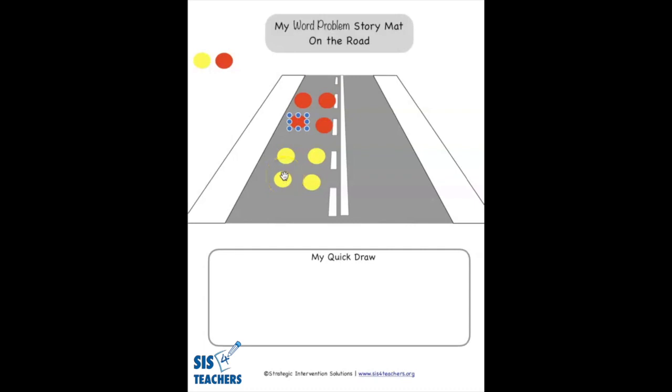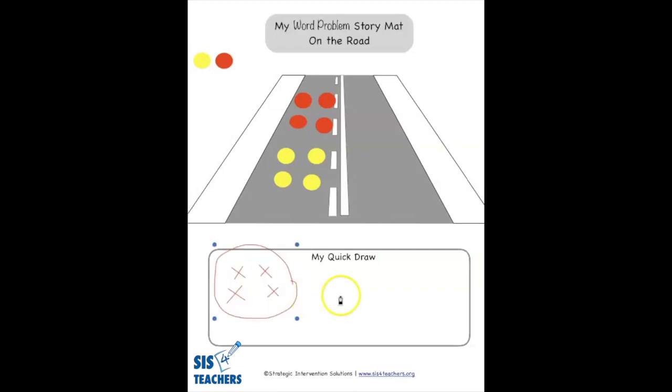You first want students to really show this concretely before you move to a pictorial model, but eventually they should go through all parts of concrete, pictorial, abstract. Down below in my quick draw, I'm going to maybe just make small X's, and those are going to represent my wheels. So I'm going to put for my first car 4 X's, and then I'm going to put a ring around my 4 X's to represent one of the cars.